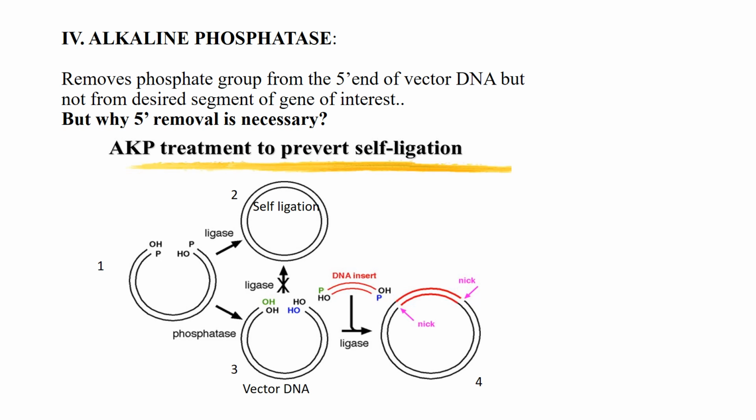To this vector DNA, we will allow our gene of interest with enzyme ligase, and this will form a recombinant DNA. Okay, now we treated with alkaline phosphatase in order to prevent self-ligation. Here, after treatment of phosphatase, self-ligation process is prevented.